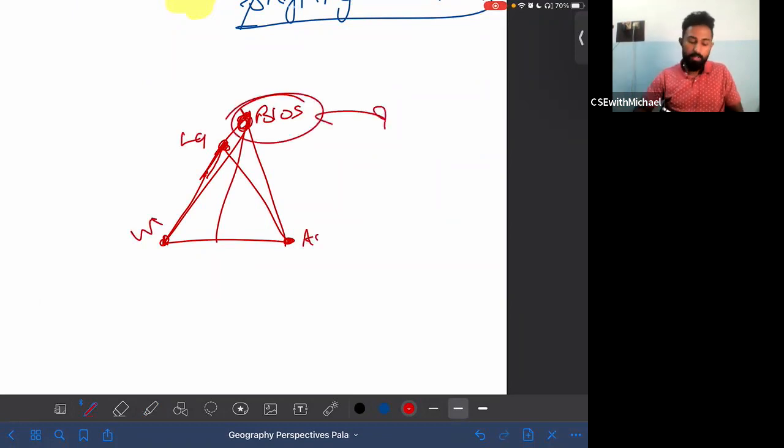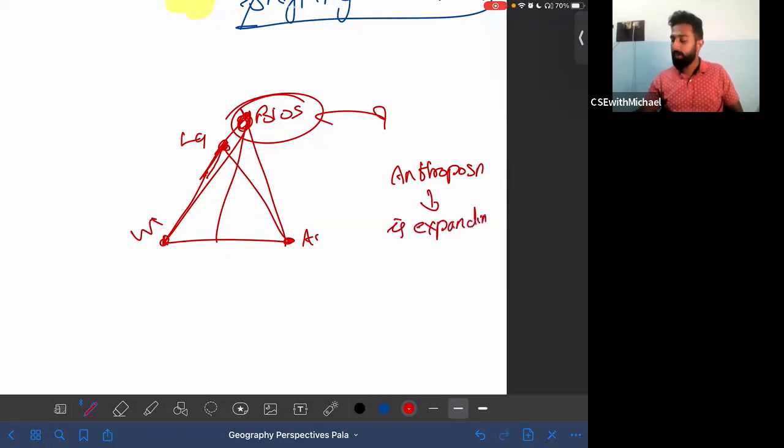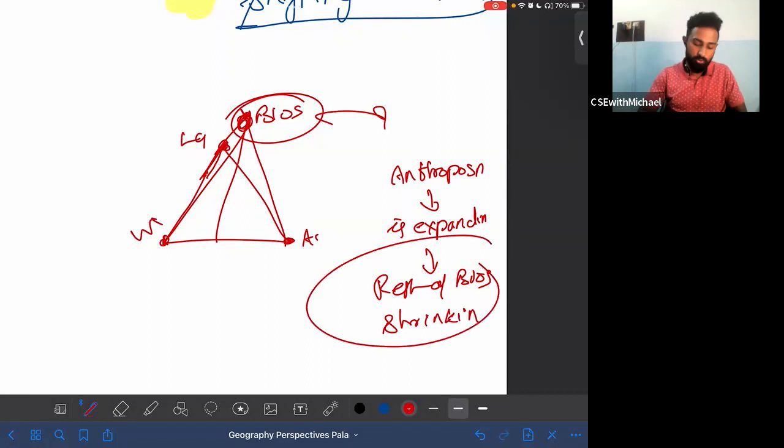Now, within the biosphere, the anthroposphere is expanding, and the rest of the biosphere is shrinking. So that's what we basically see when we talk about environmental geography.